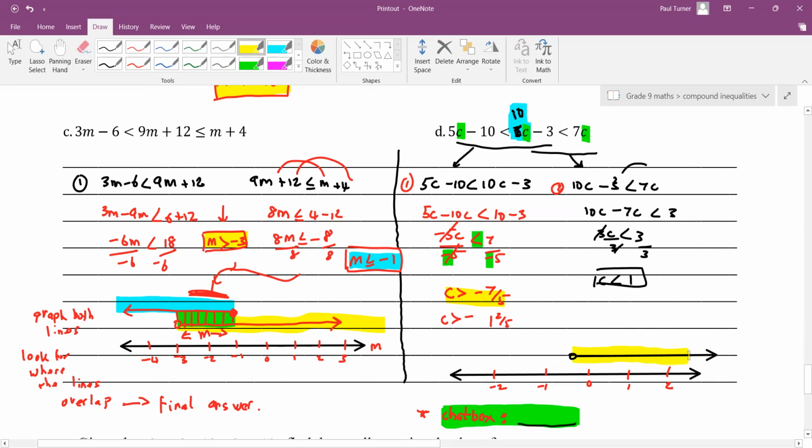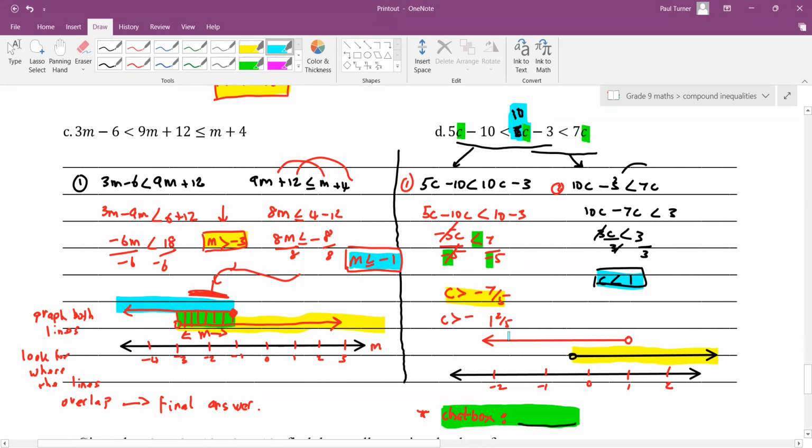I just realized they can't be going in the same direction for this question. So for C less than 1, well, 1 is here, and we've got to be less than 1. So go in that direction. So we'll do that one in blue.